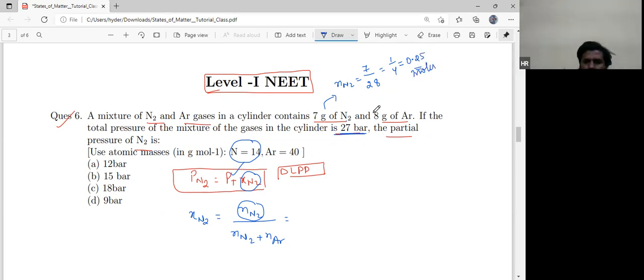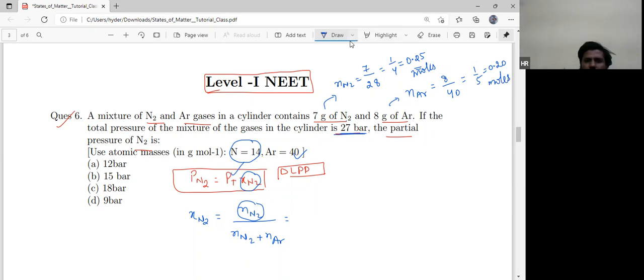Okay. Now, number of moles of argon will be equal to given mass, that is 8, upon molar mass of argon, which is 40 as given in the question. It will be equal to 1 by 5, and the number of moles will be 0.20 or 0.2 moles.